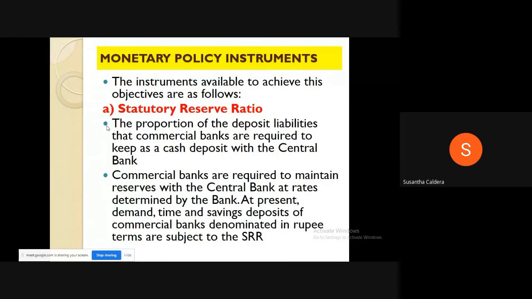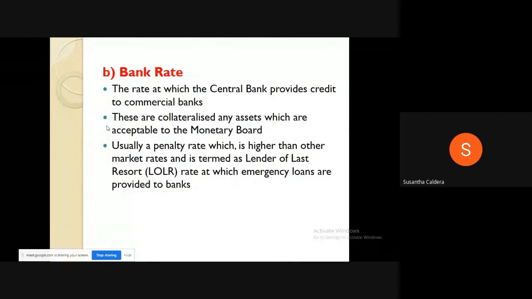Whatever it is, it depends on our liabilities, deposits; we have to keep a percentage with the central bank. Then bank rate.